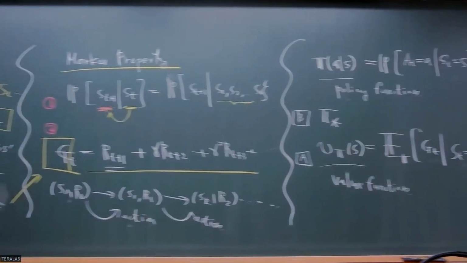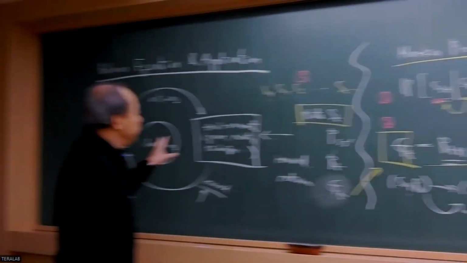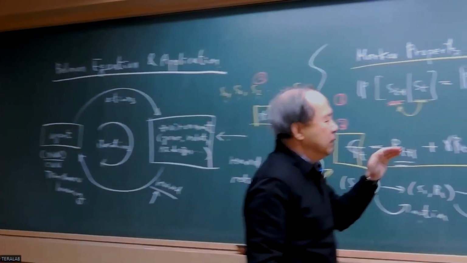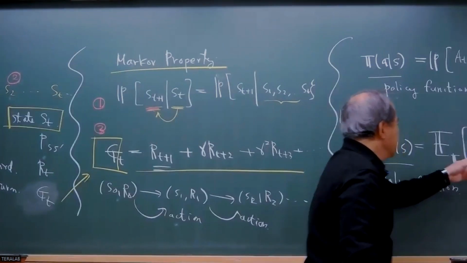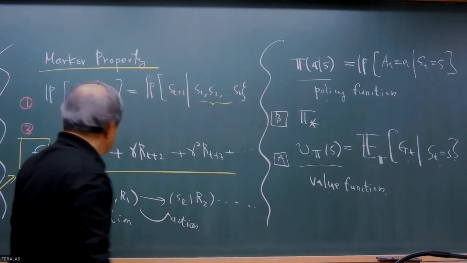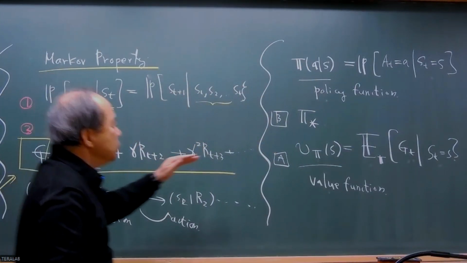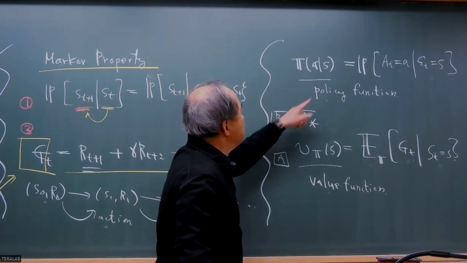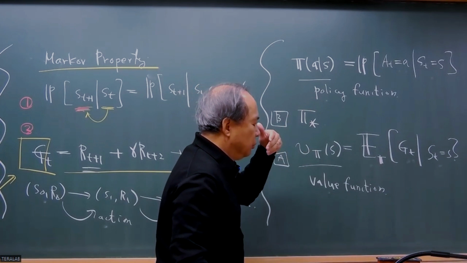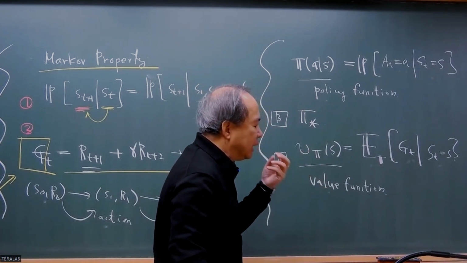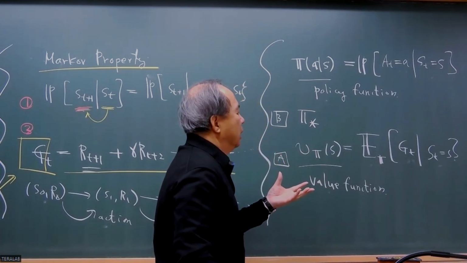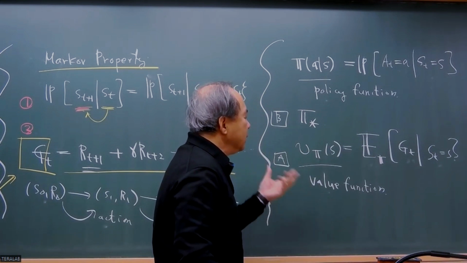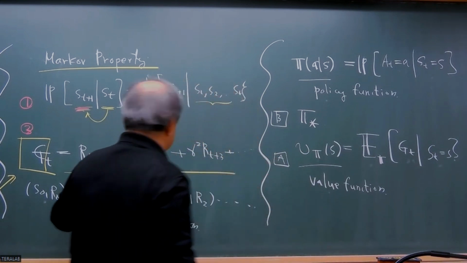So in order to apply it, we have to be able to calculate the value function, that is the expected summation of return. Then once we have this value function, we can find the optimal policy, a policy that gives you the best action probability that gives you the best return.